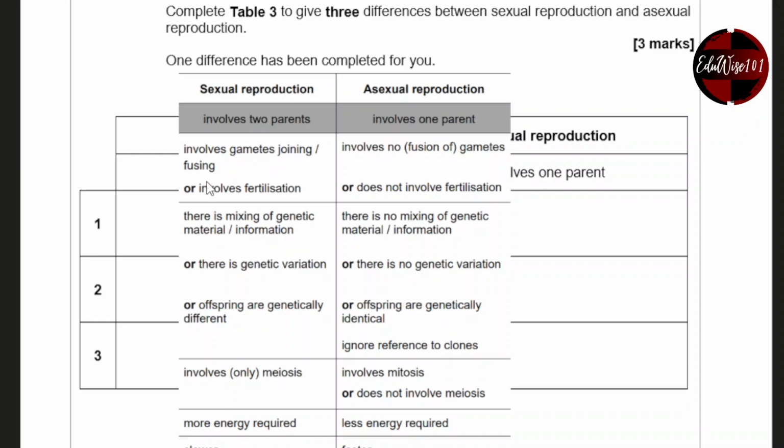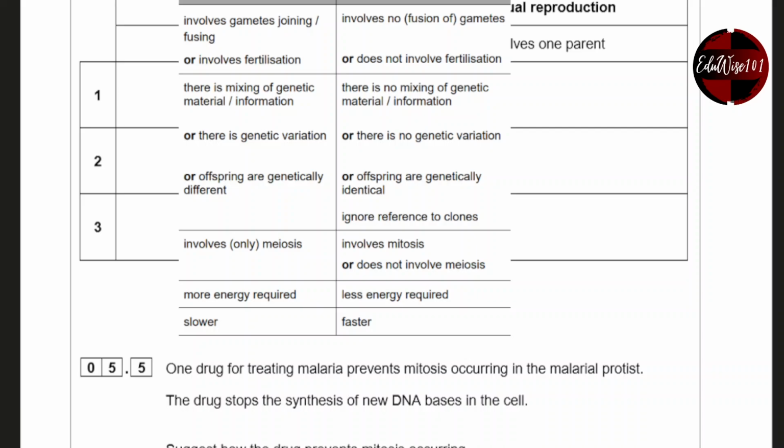Sexual reproduction involves gametes joining, or fertilization, whereas asexual reproduction does not involve fertilization. In sexual reproduction, there's mixing of genes, or there is genetic variation, and in asexual there is no mixing of genes or there is no genetic variation.